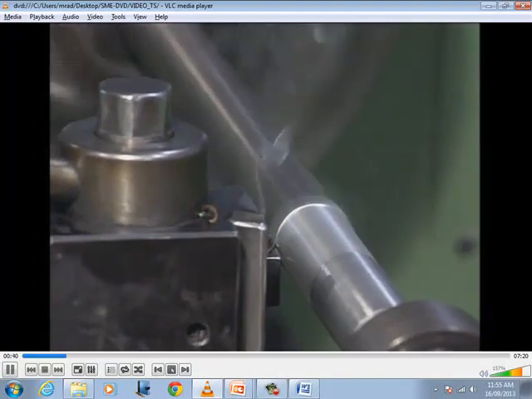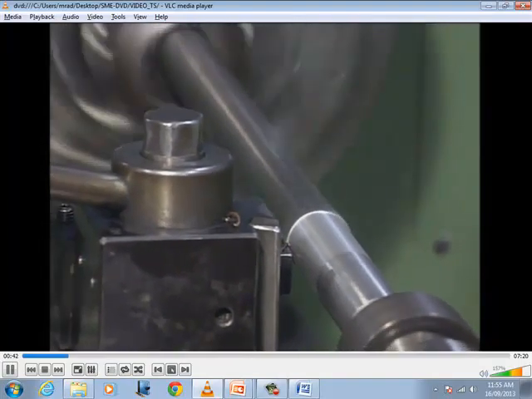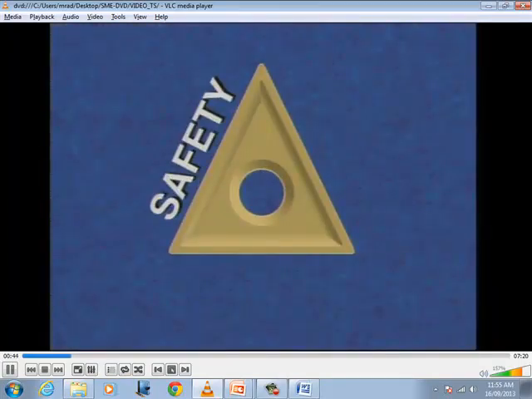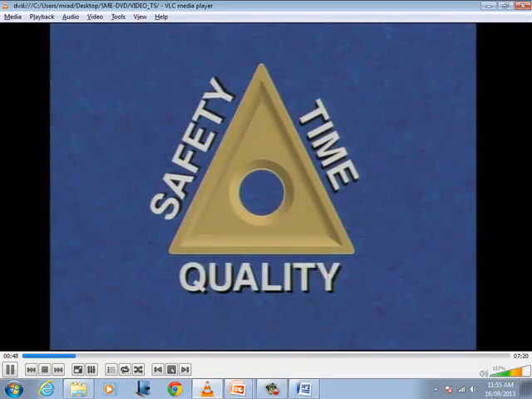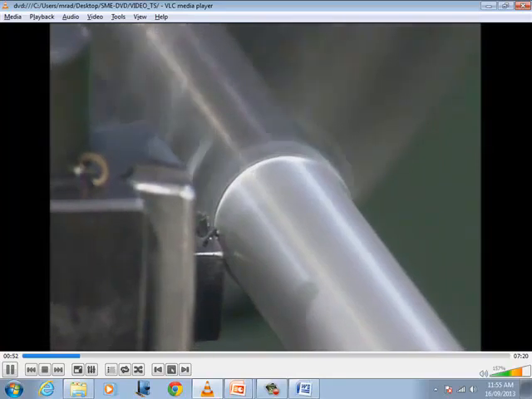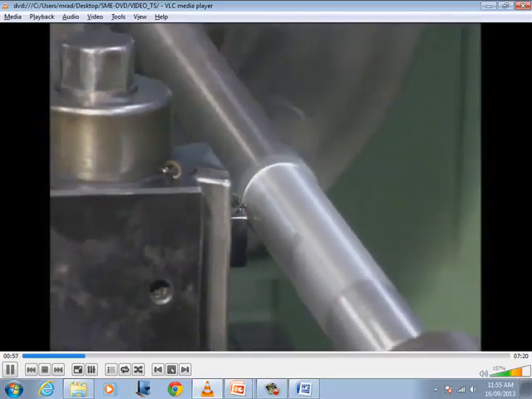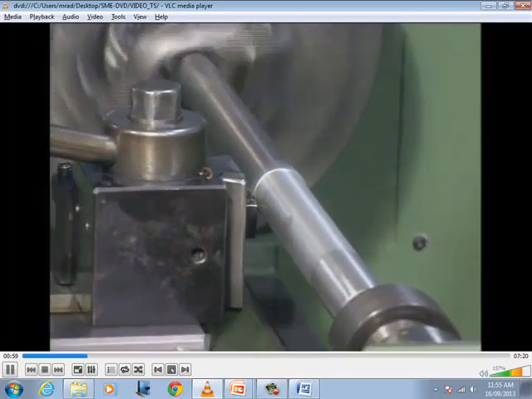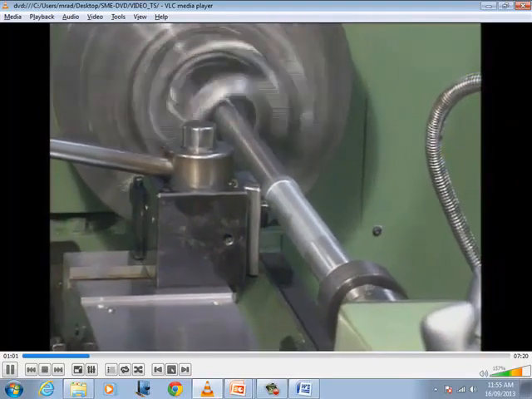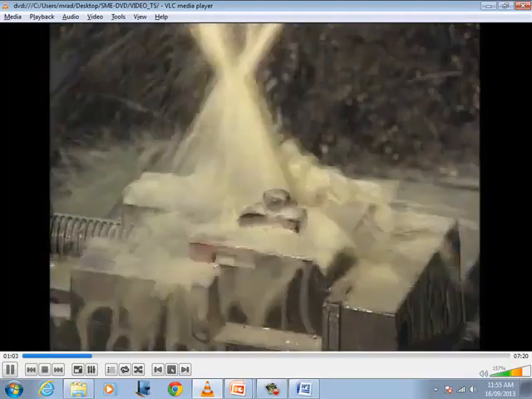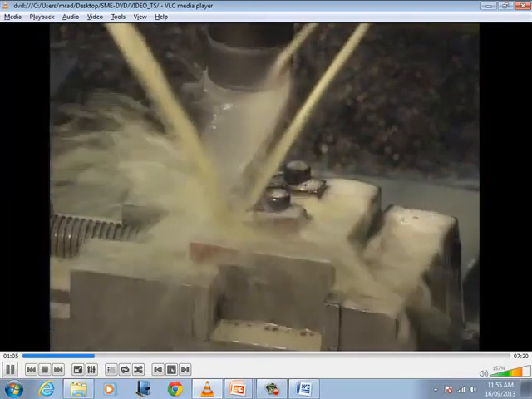The main objective in the selection and application of cutting tools is to safely machine the workpiece in the shortest possible time while meeting the part's quality requirements. Furthermore, the specified tooling should be the least costly and least complex tooling available to satisfactorily fulfill the qualitative and quantitative workpiece demands. It is estimated that nearly 50% of all cutting tools are used incorrectly.